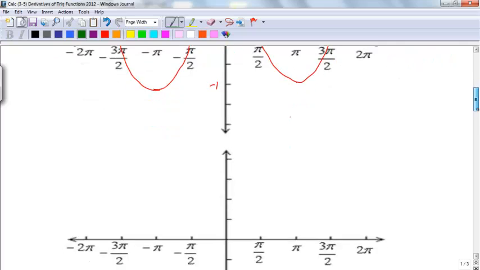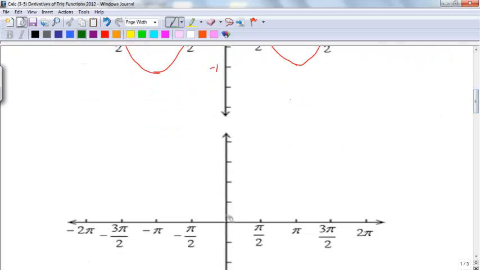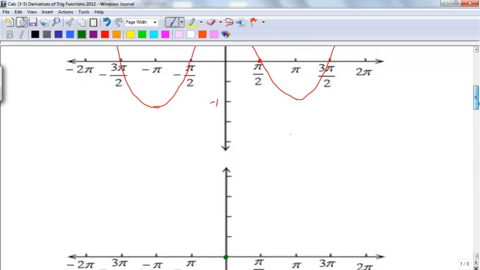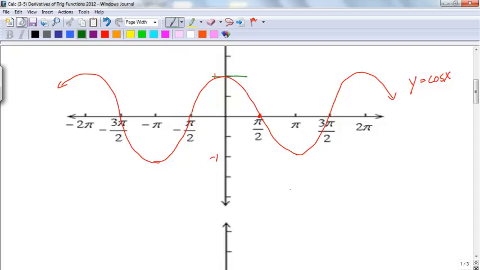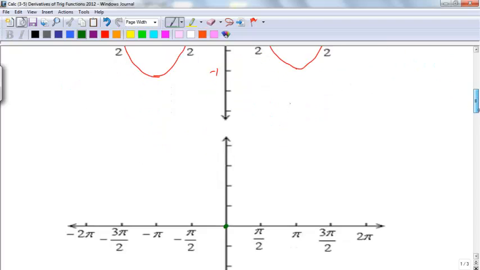So on another graph, the slope would be 0, so we'd have a point at the origin. If we look at the derivative of cosine and look at a tangent line at pi over 2, that would actually be negative 1 if we figured the slope. So at pi over 2, it would go down to negative 1.